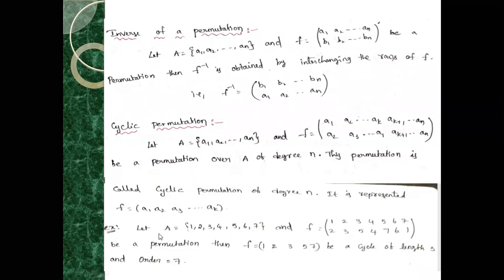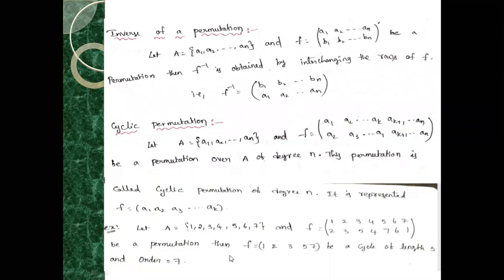So for example, let A = {1, 2, 3, 4, 5, 6, 7} and f be a permutation with 1 maps to 2, 2 maps to 3, 3 maps to 5, 4 maps to 4, 5 maps to 7, 6 maps to 6, 7 maps to 1.